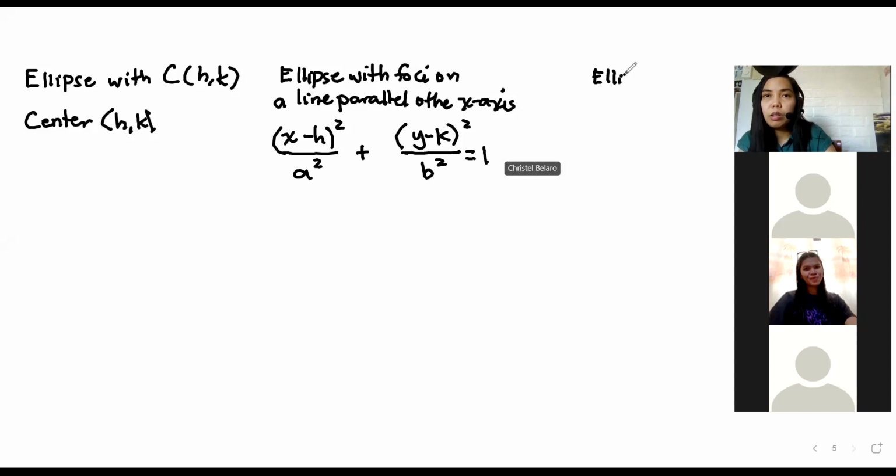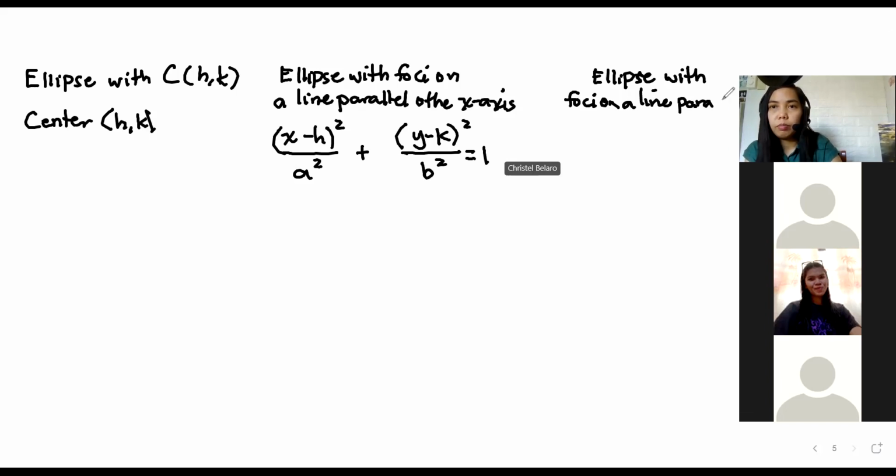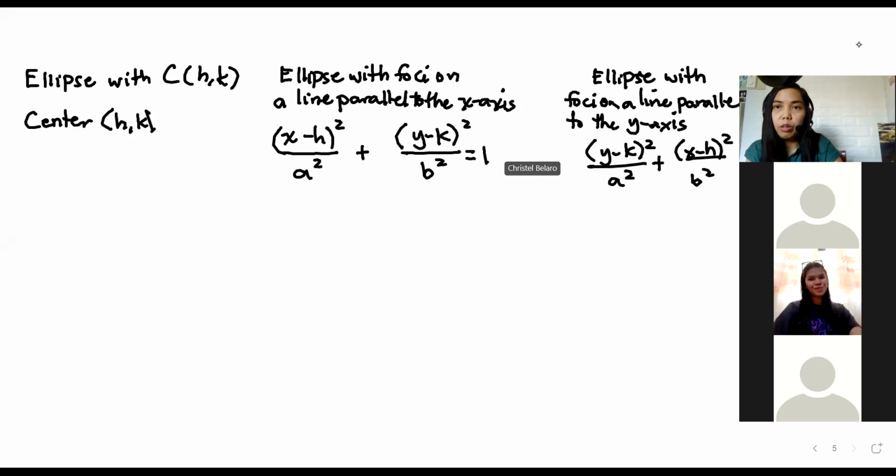If the ellipse with foci on a line parallel to the y-axis, the standard form of the ellipse is the square of y minus k over a squared plus the square of x minus h over b squared equals 1.